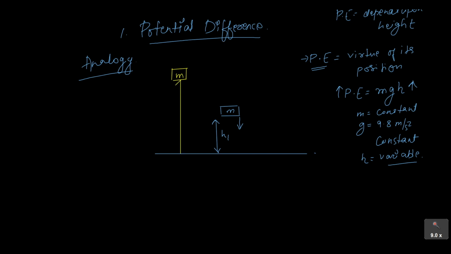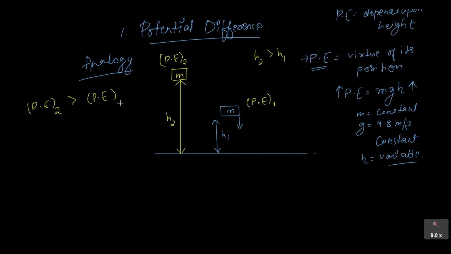This height I'm going to refer to as h2, and clearly h2 is greater than h1. I will write this potential energy as PE2 and this one as PE1, because of h2 and h1. Clearly, PE2 will be greater than PE1.